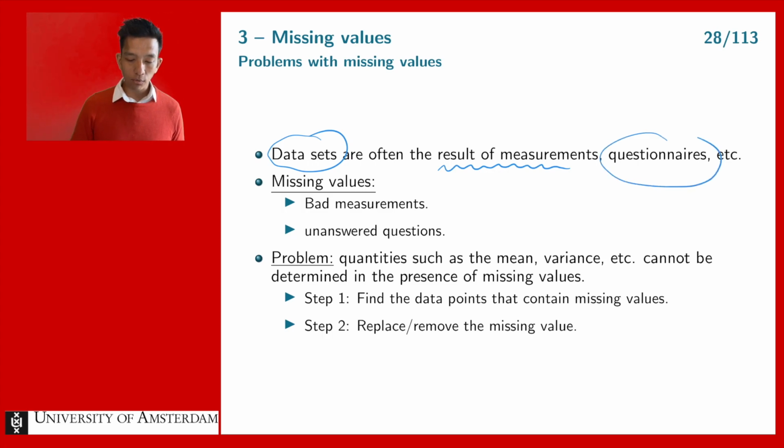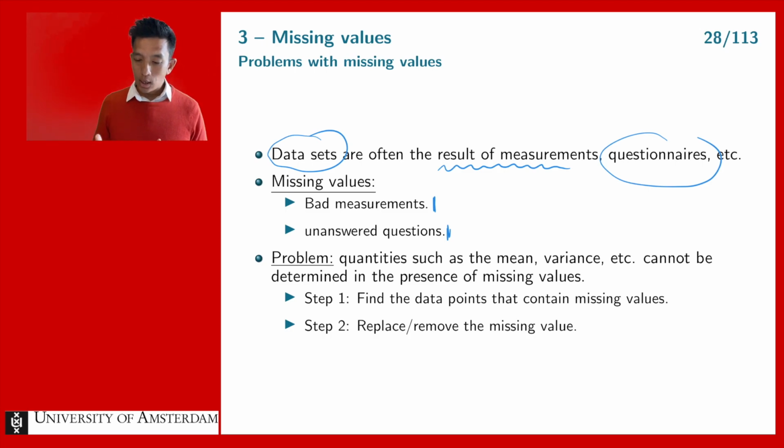Then you can have either bad measurements or, for example, questions that someone did not answer. So it means that you have missing values. You see one person filling in the questionnaire, but because he or she did not fill in certain questions, you have a blank for that. There is a missing value.